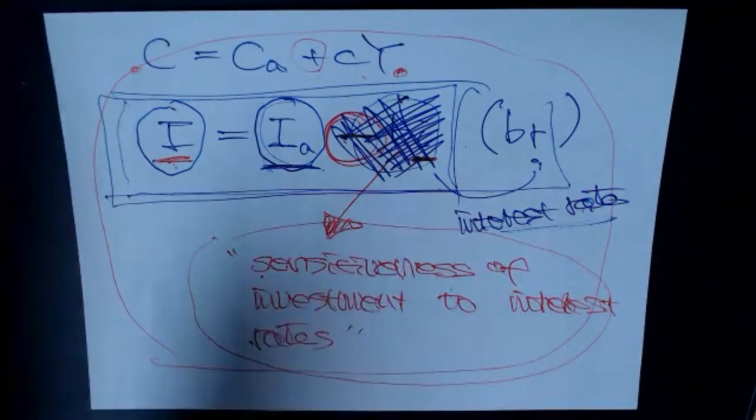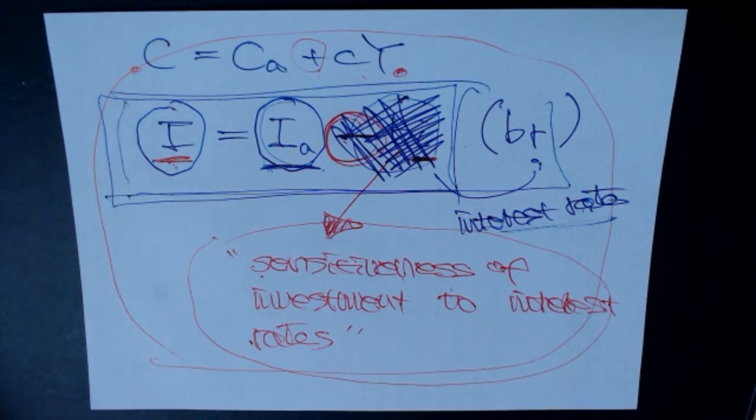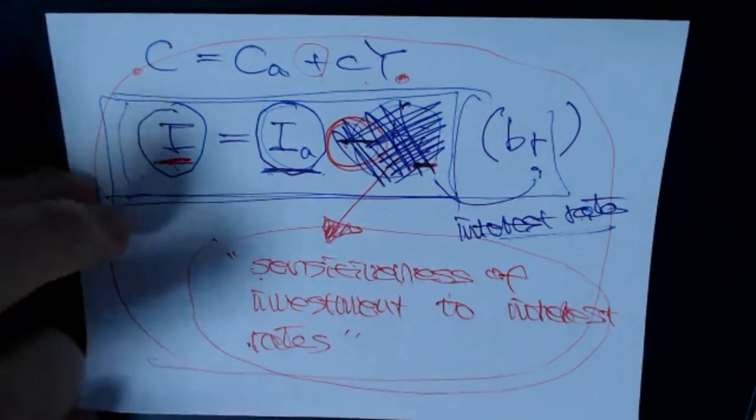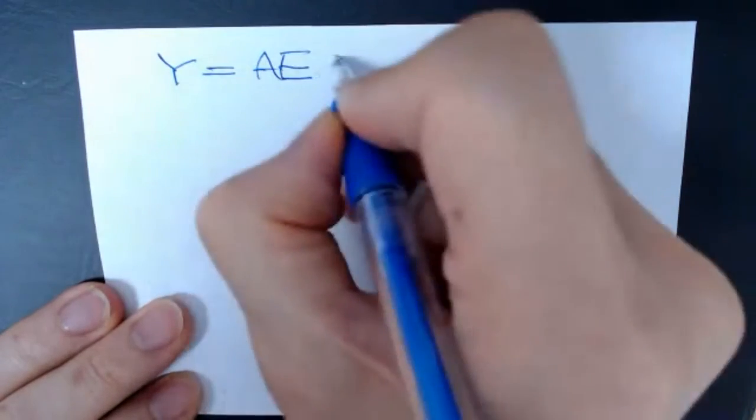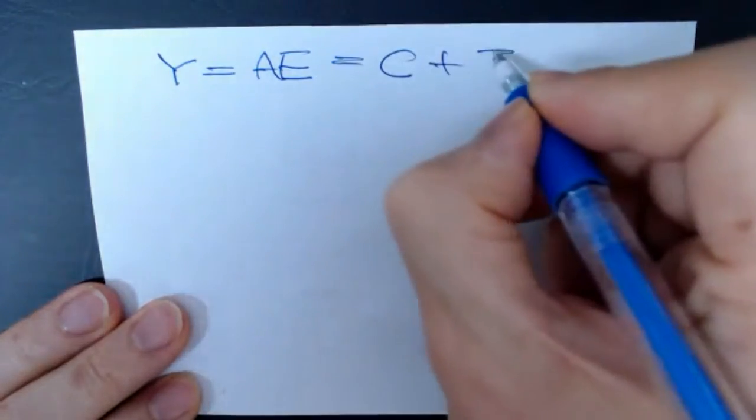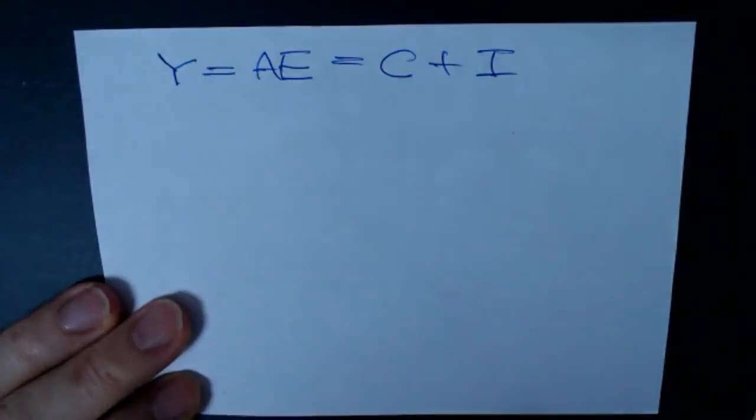Okay, so we have done consumption and investment. Let's add investment to consumption in aggregate expenditure. So now we have a new aggregate expenditure in the two-sector economy, with the same equilibrium condition, AE. You can add the number 2 to represent two sectors.